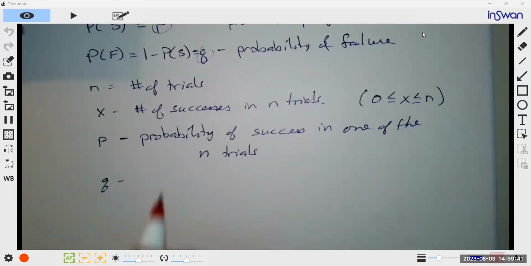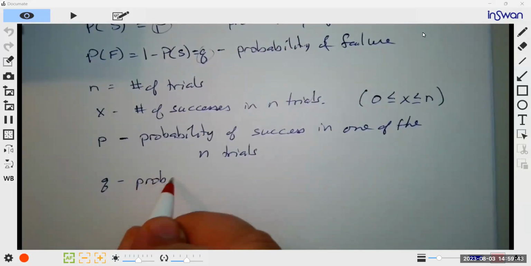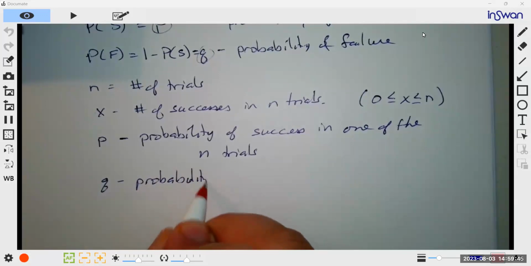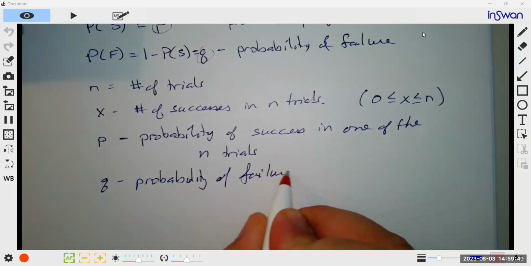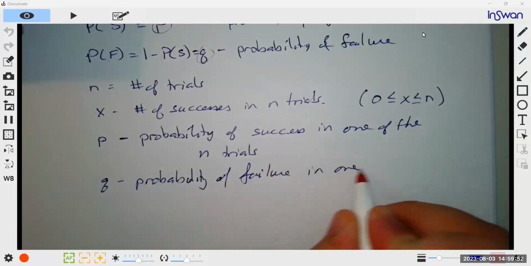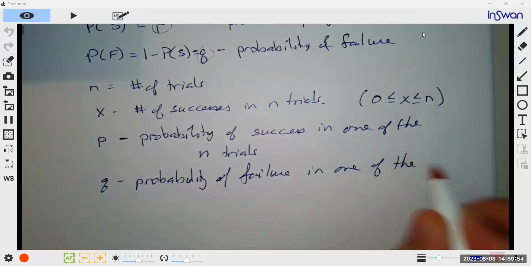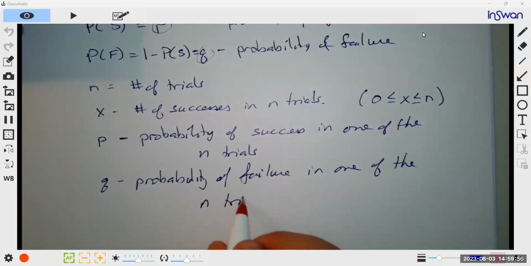And Q, same thing, but the probability of a failure in one of the N trials.